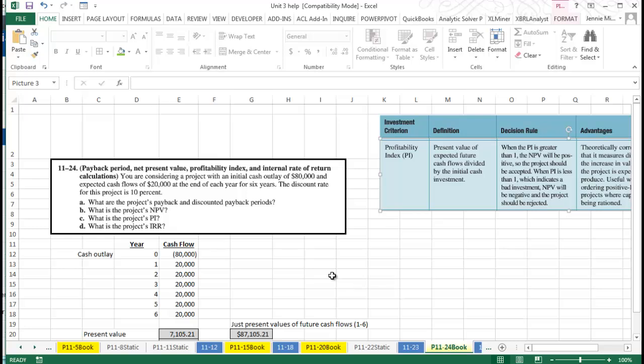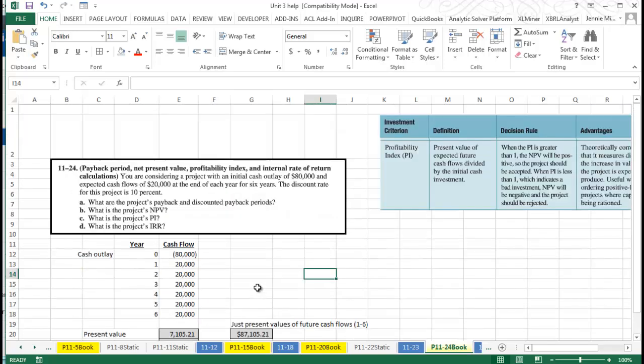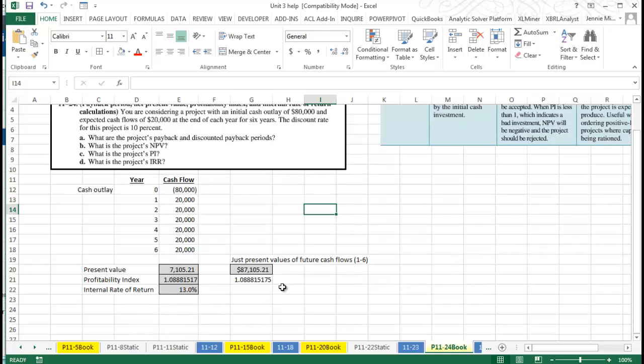And of course, the higher above one, the better. So in this case, we would accept this project. It's a good project to complete because we're going to earn money. We're going to add value to our equity account. So hopefully this helps you, and I look forward to seeing you and talking to you in the next video.